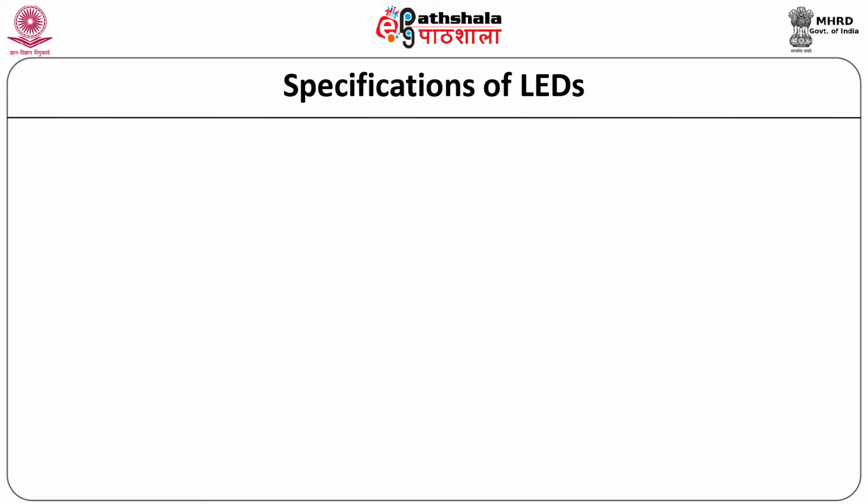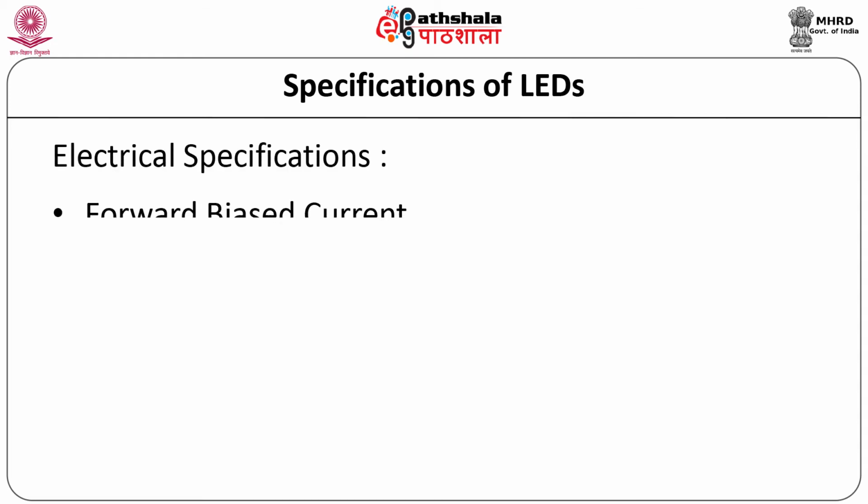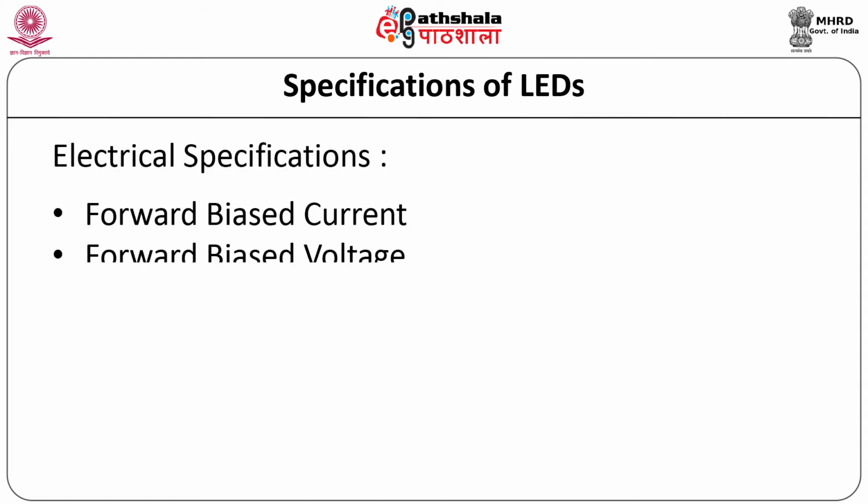While selecting an LED for a particular application, it is necessary to comprehend the different LED specifications or parameters. LED specifications can be categorized as electrical and optical. Major electrical characteristics are forward bias current and forward bias voltage.